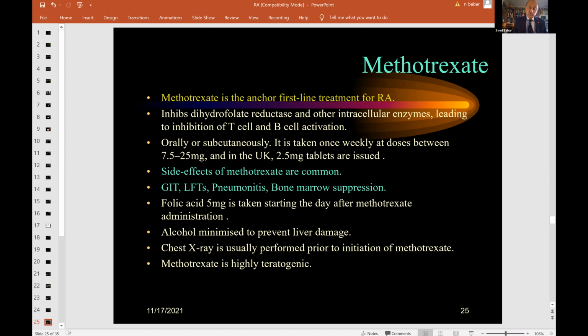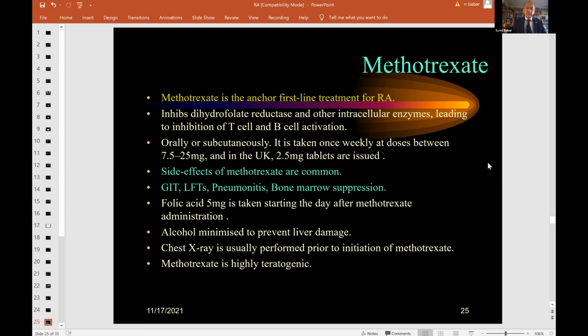It's given usually orally, but when someone is intolerant, it will be given subcutaneously, once a week. And the dose selected for resolving the activity could be between 7.5 to 25 milligram.